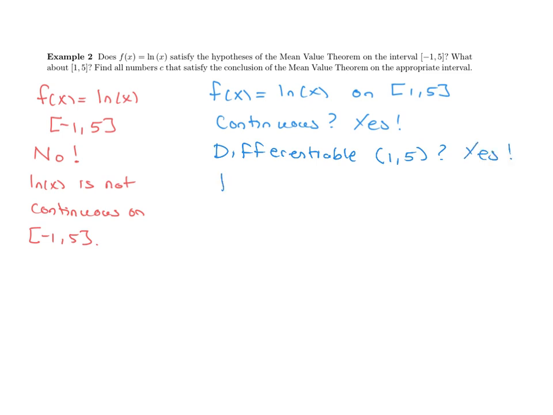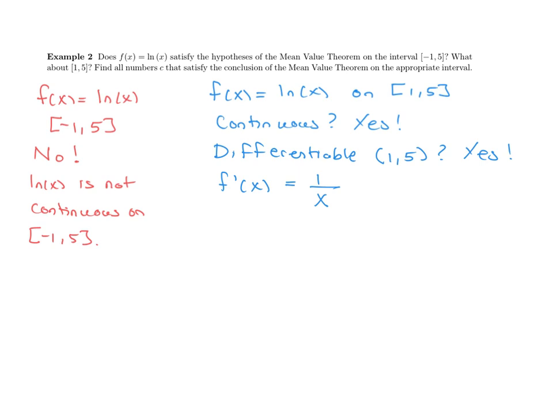And the reason for that is if you take the derivative of the natural log, you get 1 over x. So you can definitely take its derivative. Is this always defined on this interval? Sure. The only number that would be a problem is 0, which is not in this interval. So continuous, yep. Differentiable, yes. Let's now find all of the numbers c that satisfy the conclusion of the mean value theorem.